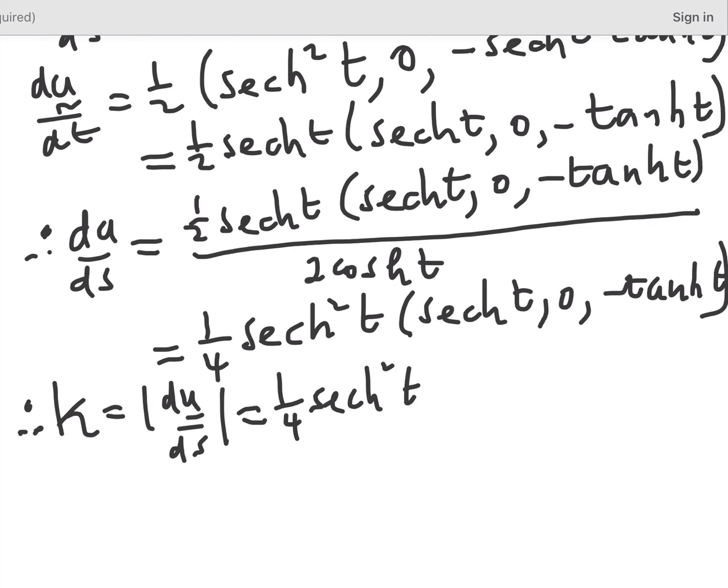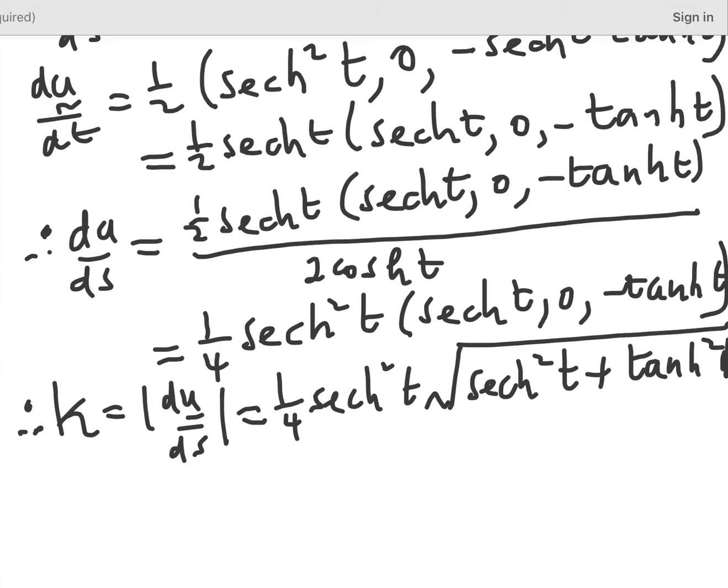And then the modulus of the vector hyperbolic sec, 0, minus hyperbolic tan is going to be, in simplified form, hyperbolic sec squared plus 0 squared plus hyperbolic tan squared t, like so.